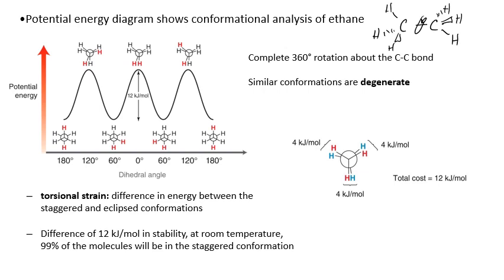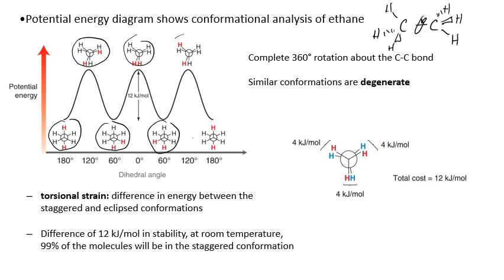As you rotate through, you see that your staggered is your lowest energy conformation. And then when you rotate 60 degrees, you get to an eclipsed conformation. Rotate it in the same direction again, another 60 degrees, get back to a staggered, and then eclipsed.